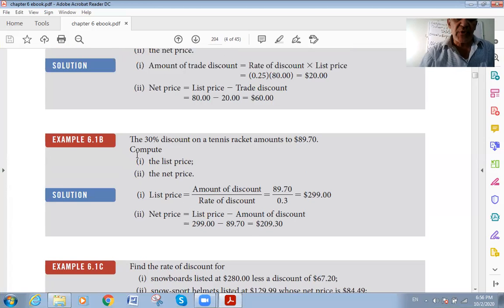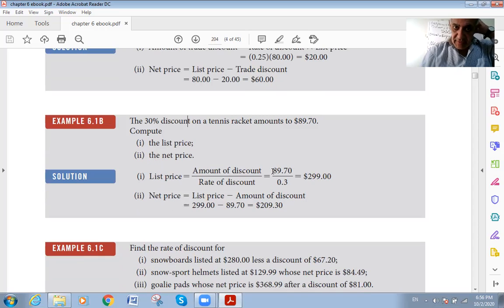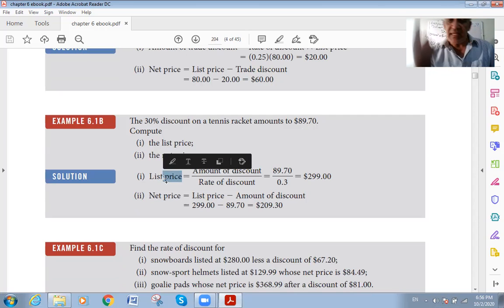So I will leave this for you to solve. The discount rate is 30% and the amount of discount is $89.7. If I divide the amount of discount by the rate of discount, I will get the list price. Like 5x equals 15, then x equals 15 divided by 5. It's the same idea.